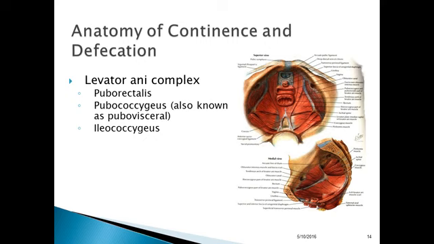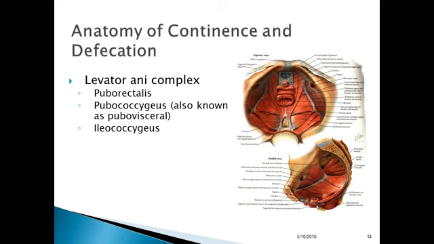This provides a compressive force against the lumens of these organs that promotes closure through increased pressures. Think of this group of muscles as acting like a sling around the anal-rectal junction. At rest, a 90-degree angle is formed between the anal canal and the rectum. With straining, this angle widens to 135 degrees to assist with the evacuation of stool.